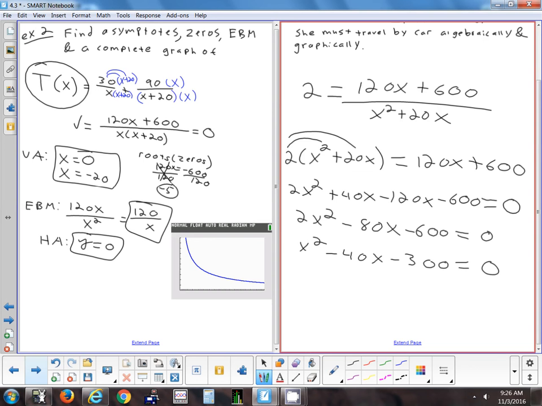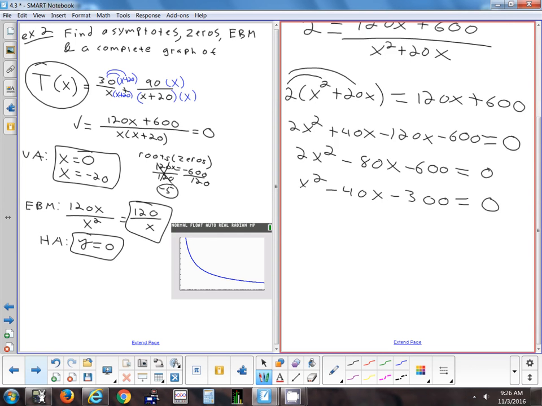Okay, and you can try to factor that, but it won't work. So what would be your only other option if you can't factor it? Quadratic formula. Now, I already have the answers when you do the quadratic formula. Does anybody want me to go through how to get the answers with quadratic formula? Or are we okay plugging in those numbers and solving it?